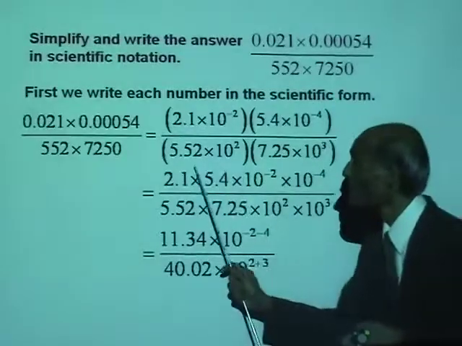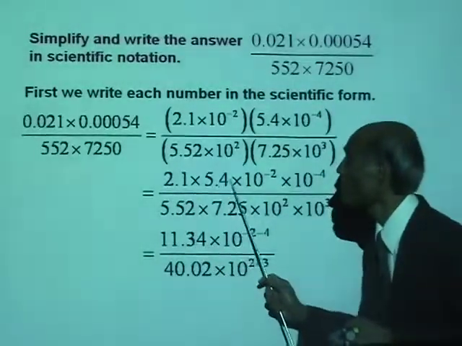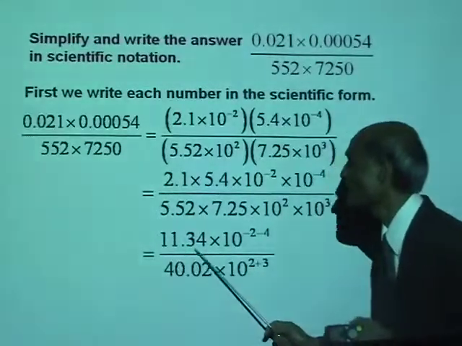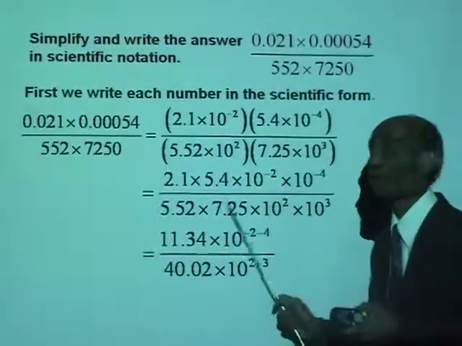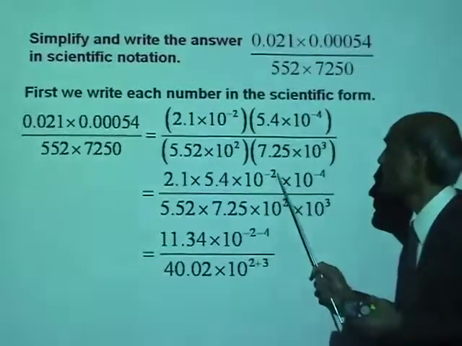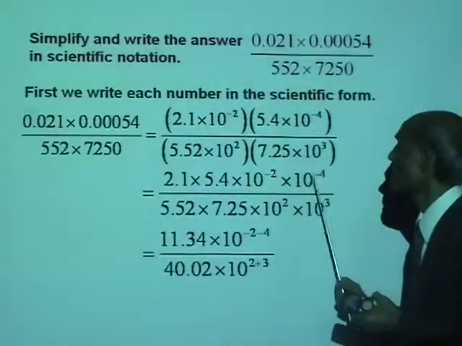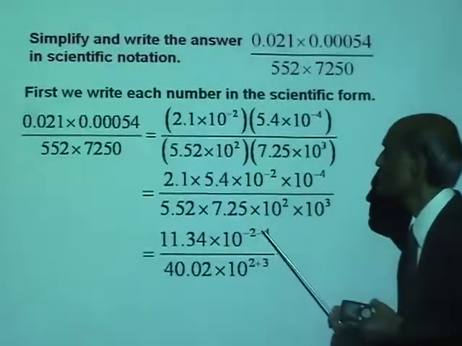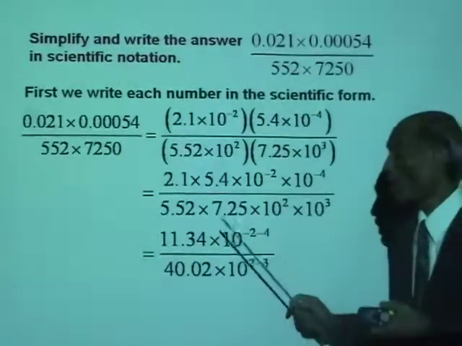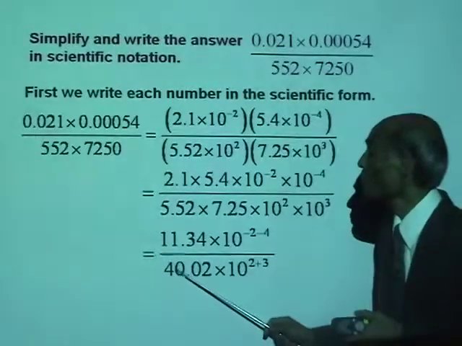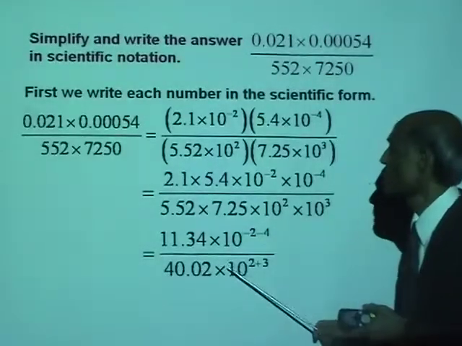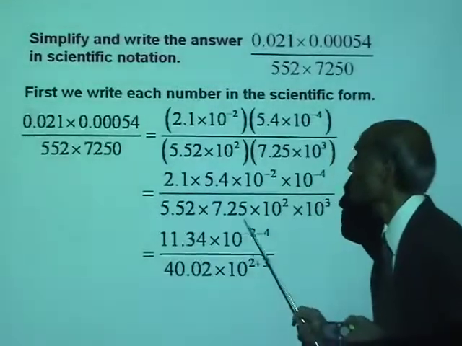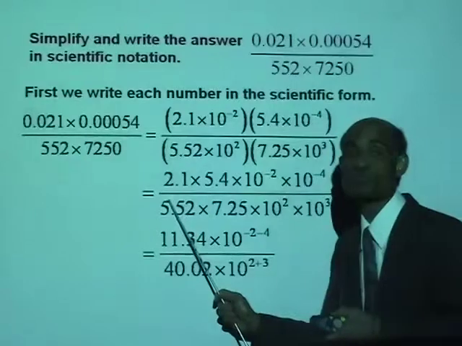Okay, now I multiplied this 2.1 multiplied by 5.4, I got 11.34. And 10 to the power of negative 2 times 10 to the power of negative 4 is 10 to the power of negative 2 minus 4. On the denominator, 5.52 multiplied by 7.25.